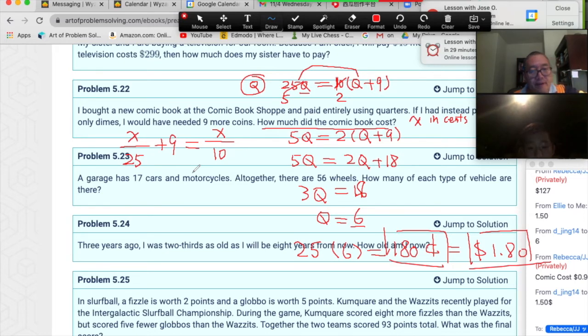Now, if you try to solve this equation, it actually has fractions here. This denominator is 25, this one is 10.